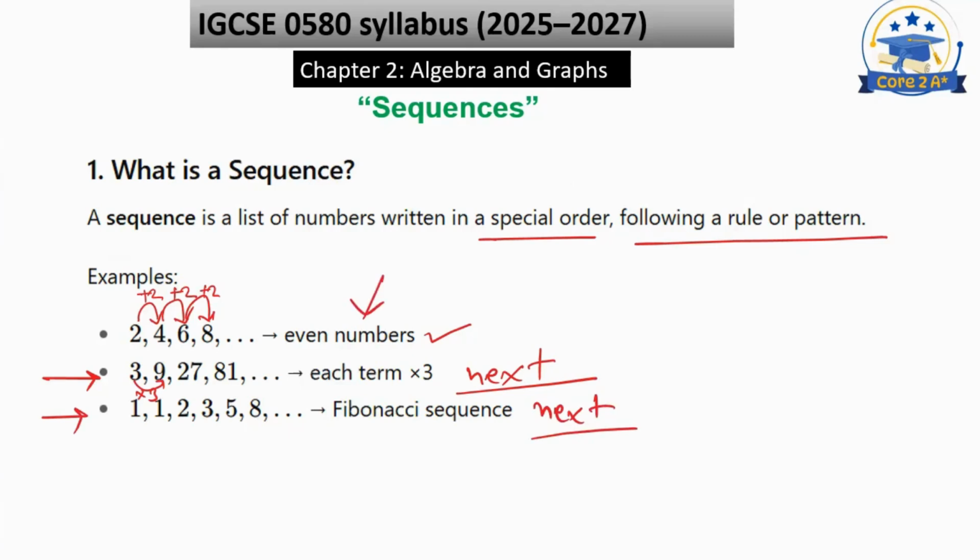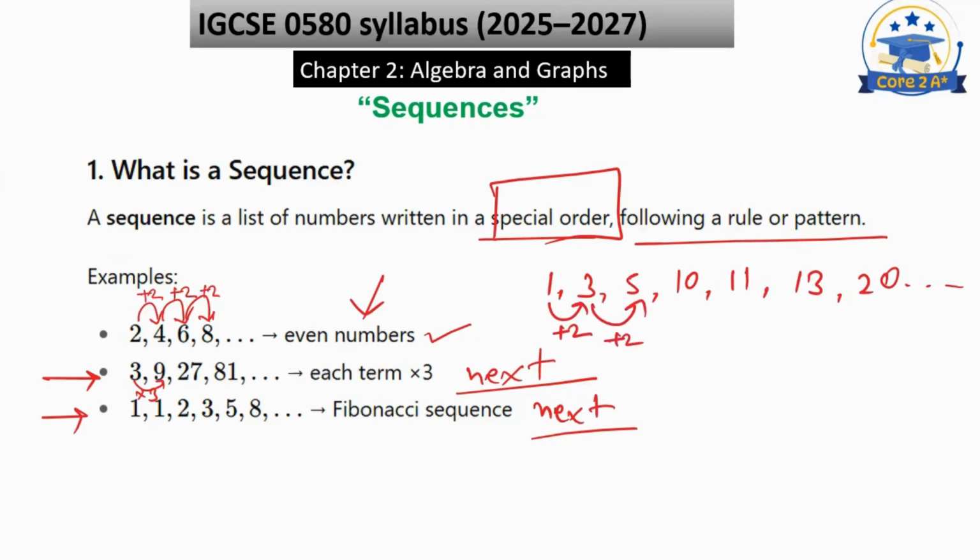So today's target is what? Linear sequences. Okay. What do you mean by special order? Suppose I am going to write a sequence. I don't know if it is a sequence or not: 1, 3, 5, 10, 11, 13, 20, and so on. Can you tell me if it is a sequence or not? If I add 2, we get the next.